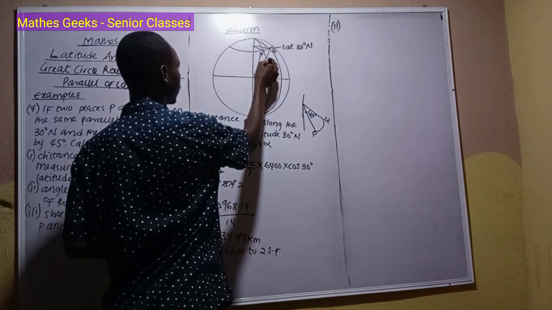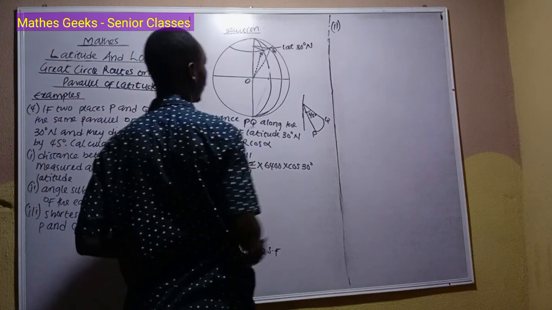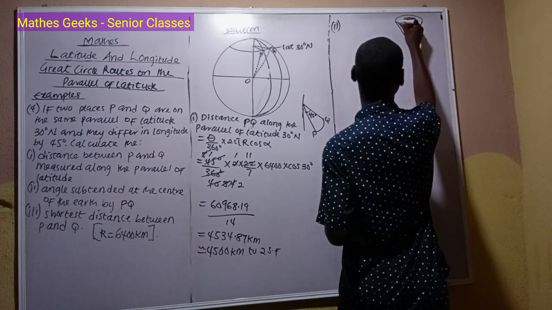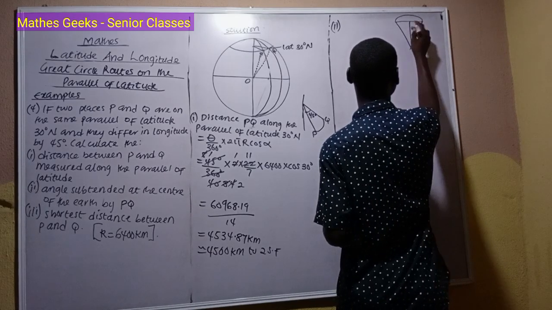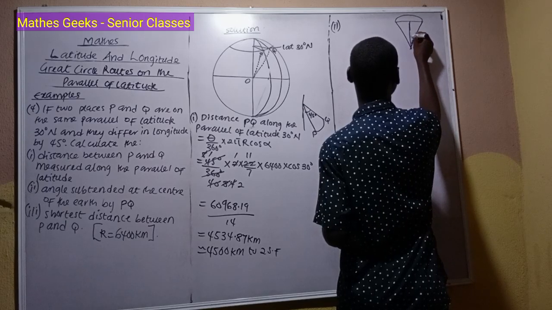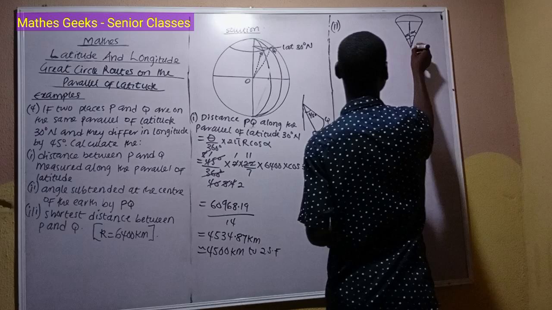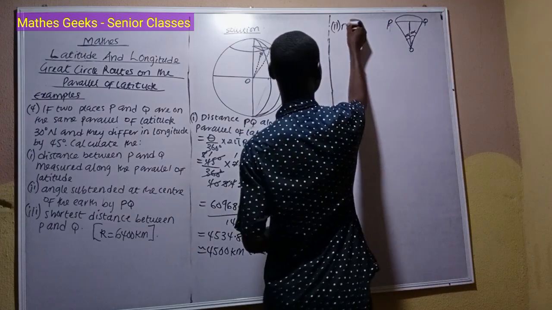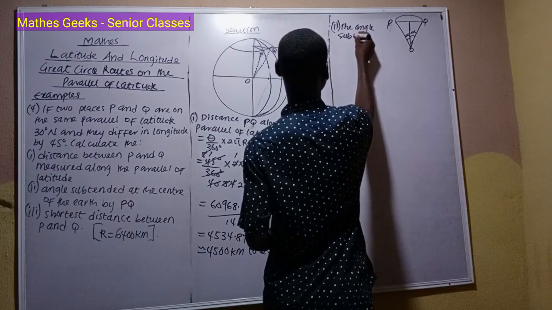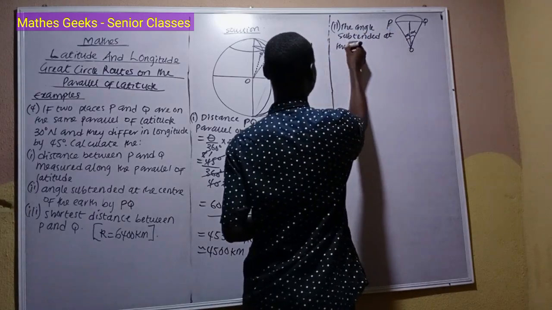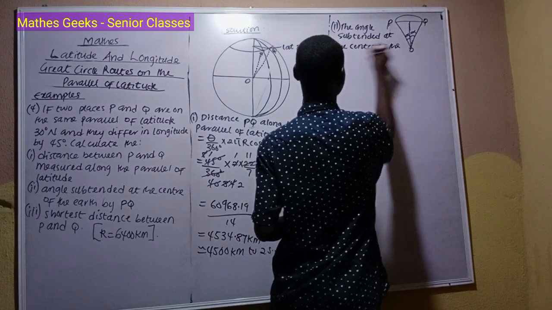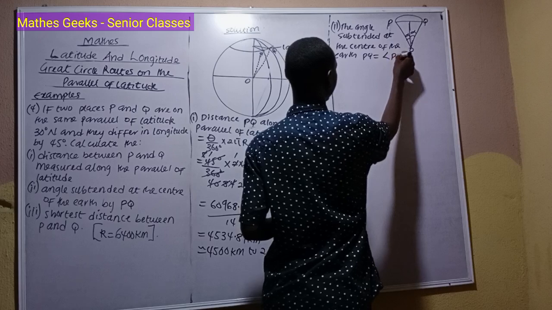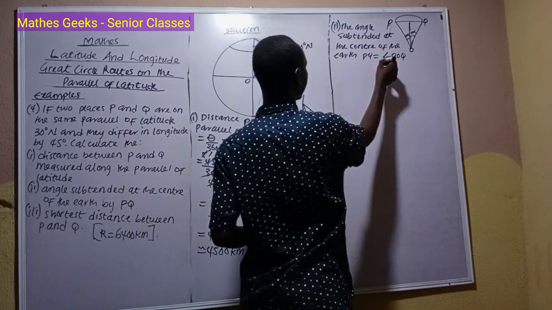The center of the Earth will be O. So the angle subtended at the center of the Earth by PQ, angle POQ, is equal to 2 alpha.